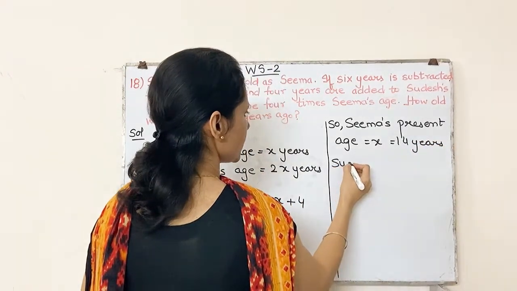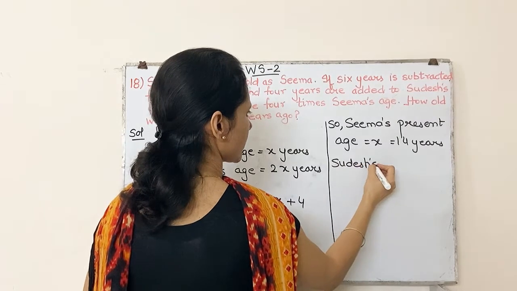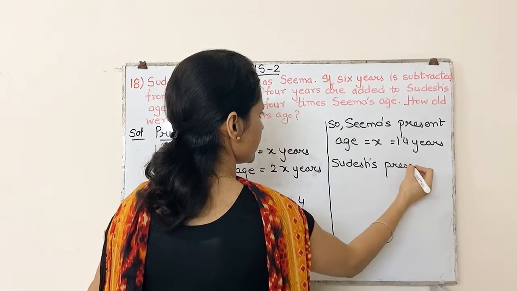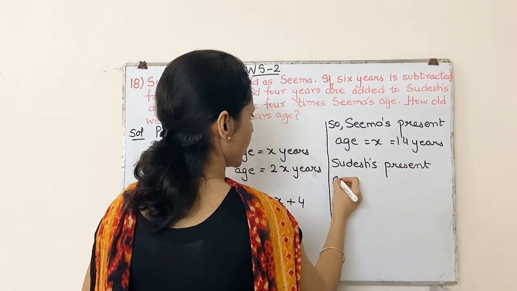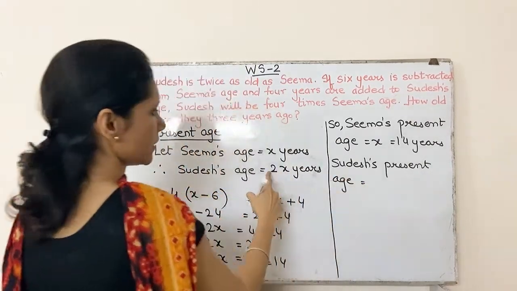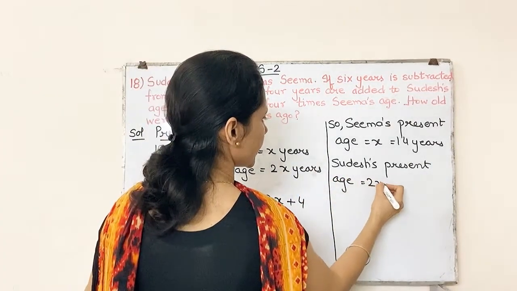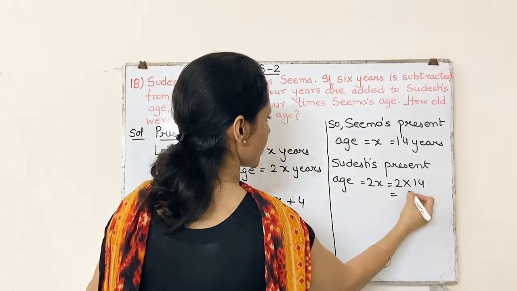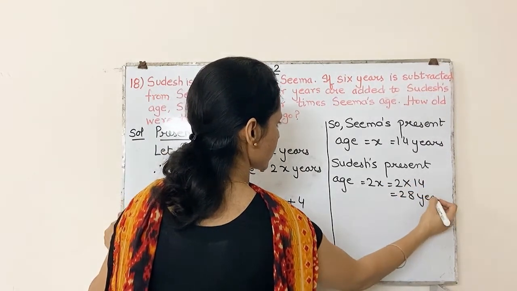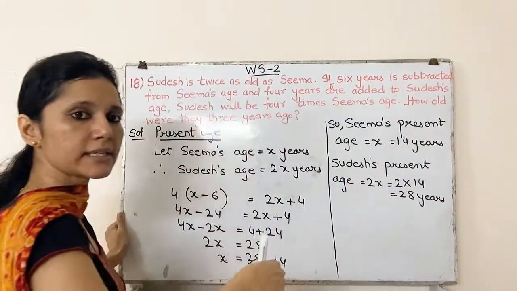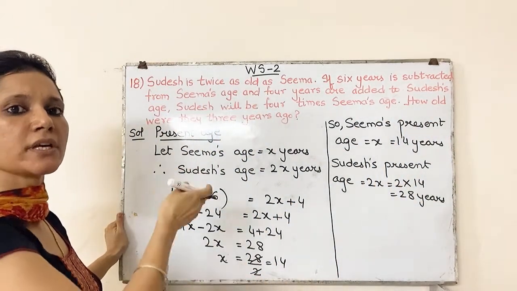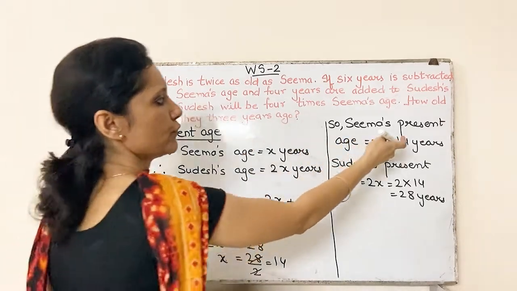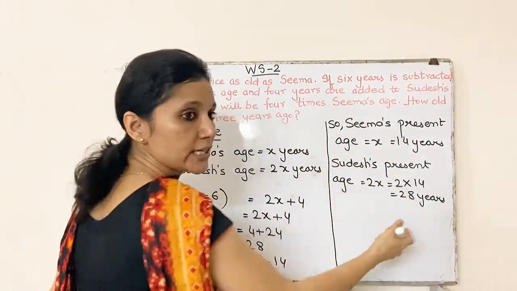And Sudesh's present age is 2x, that means 2 multiplied by 14, that is 28 years. Now that we know their present age, we can find their age 3 years ago. That would be 14 minus 3 and 28 minus 3.